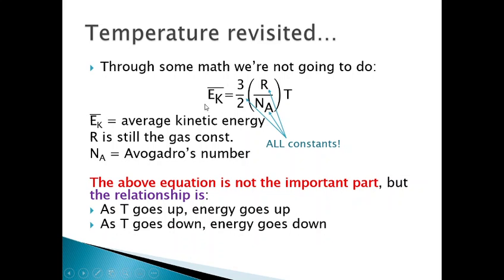All I'm really trying to say here is that I do not talk about the identity of your gas. I don't talk about the mass of the gas. I don't talk about the color or the density or the speed of the gas anywhere in this equation, because it doesn't matter. At a given temperature, all ideal gases, regardless of their identity, have the same energy.